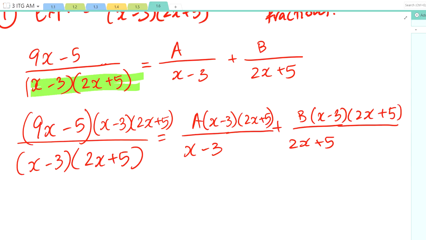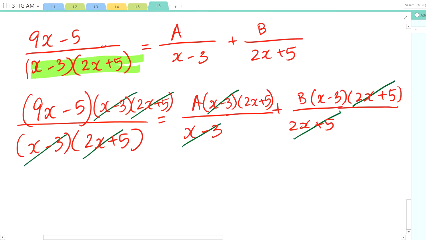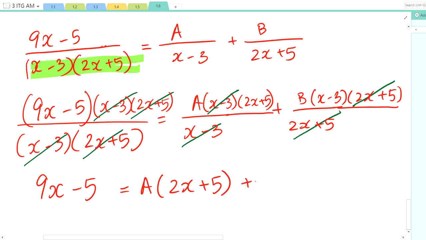Now it is time to cancel. x minus 3 with x minus 3, 2x plus 5 with 2x plus 5. So what are we left with now? We are left with the numerator 9x minus 5 equals A times 2x plus 5 plus B times x minus 3.